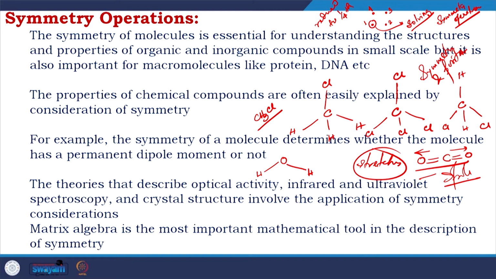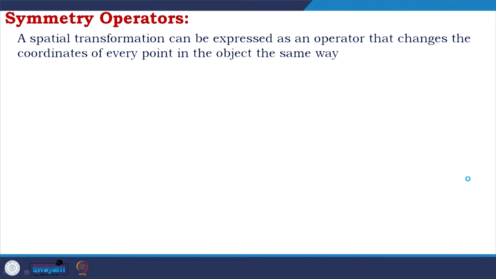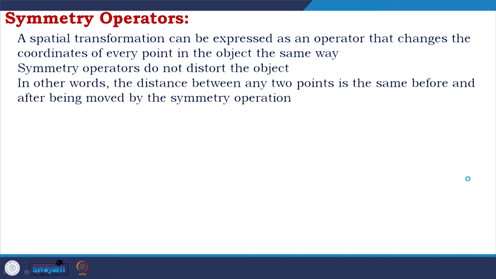Matrix algebra is the most important mathematical tool in the description of symmetry, and we will see some of the operations. So, coming to the symmetry operators, a spatial transformation can be expressed as an operator that changes the coordinates of every point in the object in the same way. Symmetry operators do not distort the object.